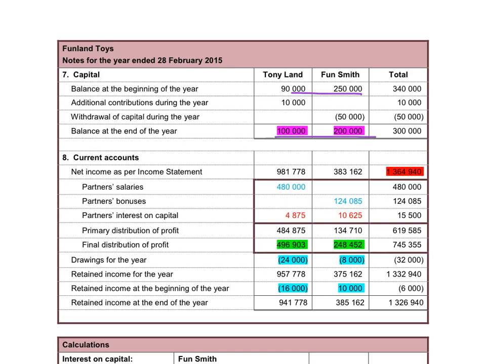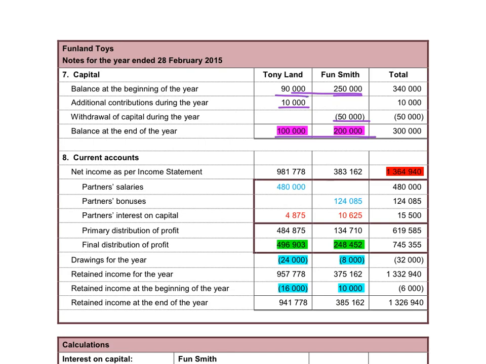So after Smith took 50,000 out of the business, his balance is 200, so at the beginning of the year it was 250. Tony Land increased his balance with 10 to 100,000, so at the beginning of the year it was 90,000.